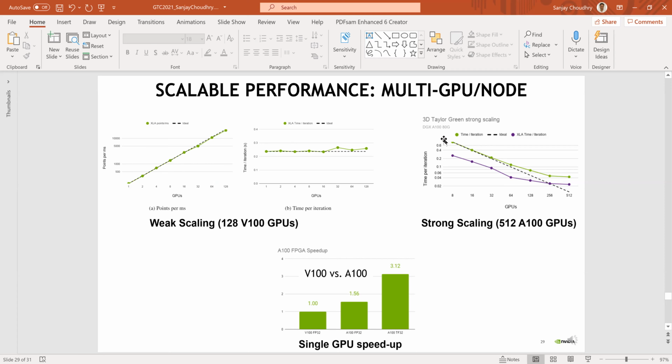If the workload remains constant and you increase the number of GPUs, you can get less and less time per iteration. We started running out of memory in some of these later stages. So it became less than superlinear, but you can see otherwise it has good performance. XLA, actually accelerated linear algebra in TensorFlow, reduces the time even further.